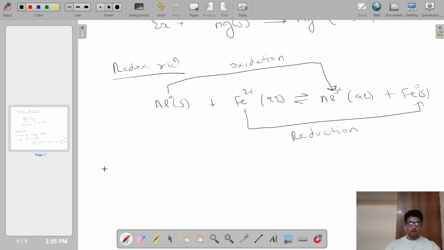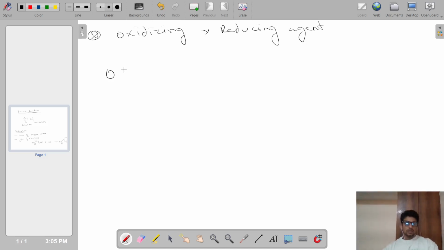Okay. Now the other thing to learn is oxidizing and reducing agent. So what is this oxidizing and reducing agent? Let's start with the oxidizing agent.